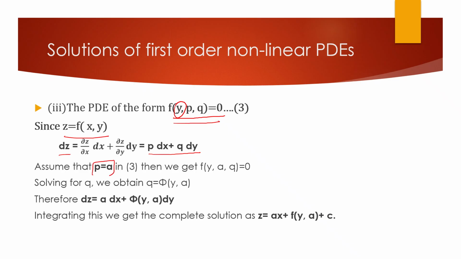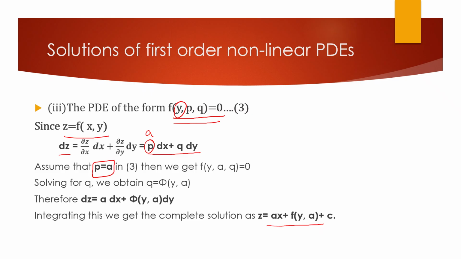In the previous form, if we have x along with p and q, we take q as a. If we have y along with p and q, we take p as a. If you replace p as a, you get this as dz. Now integrating this, we get our complete solution in this form, and singular and general solutions are obtained as usual.